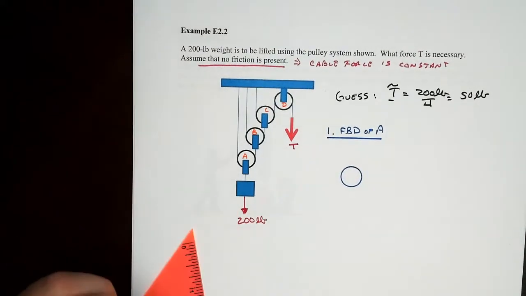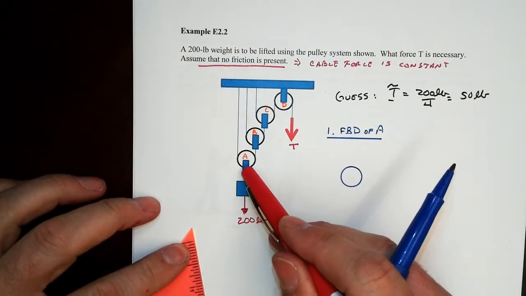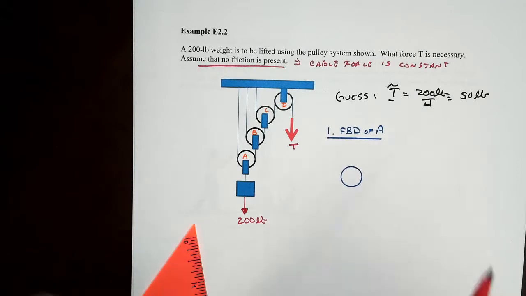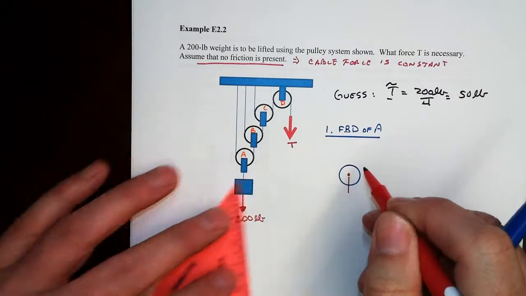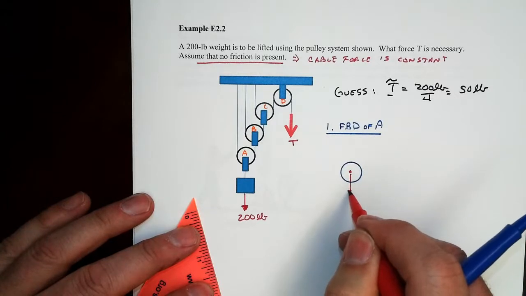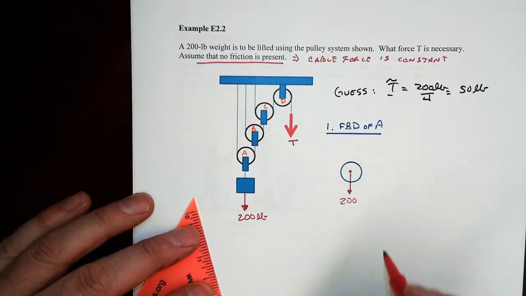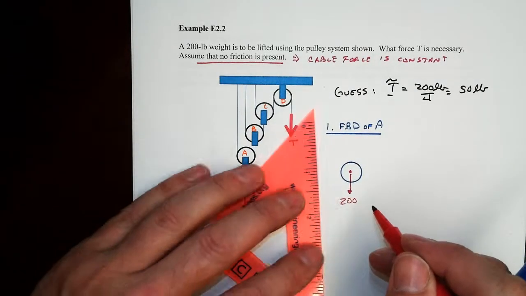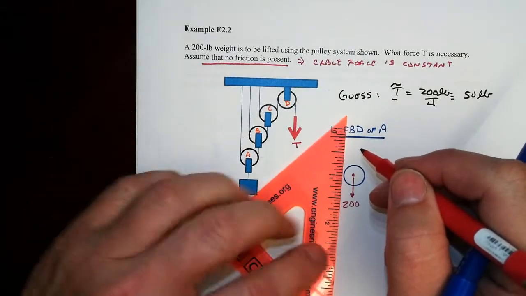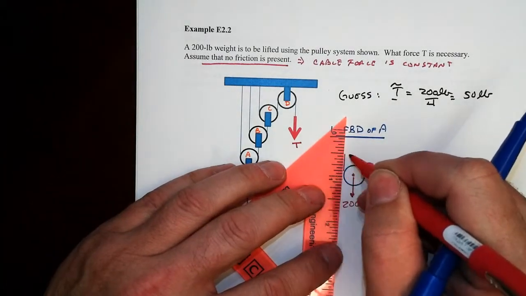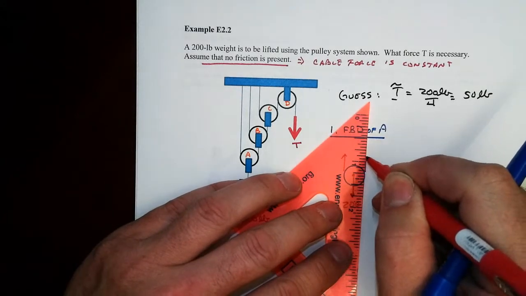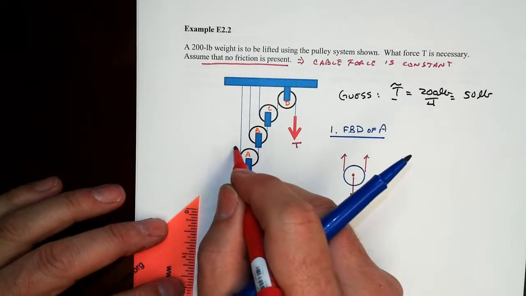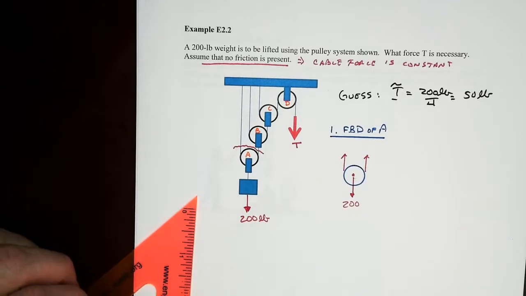We've got the 200 pounds that translates directly up its line of action, so we can put it right here at the center of rotation, which is where it's hanging from. 200 pounds. Then, carefully now, note the vertical force here and vertical force here, because we've cut right through there and freed that pulley.